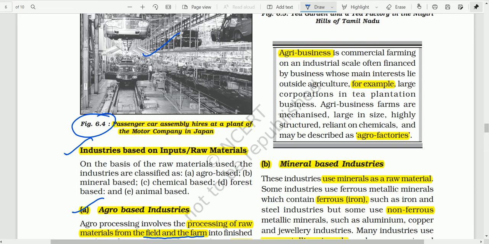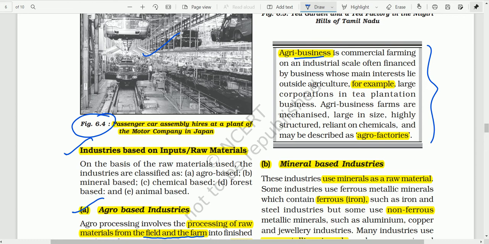Before we proceed to the next type of industries based on input, let us read this box. Agribusiness. So this is a new term. Agribusiness is a commercial farming on industrial scale, often financed by business whose main interests lie outside agriculture.